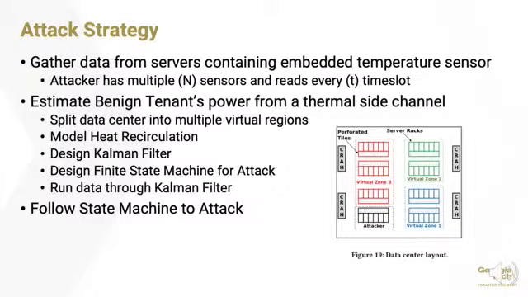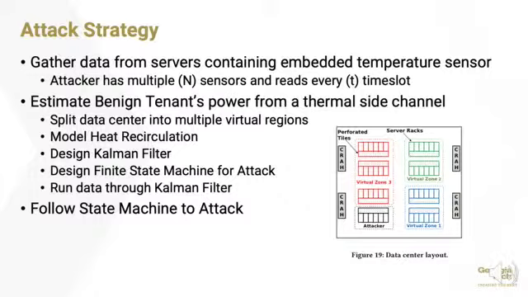The attack strategy has multiple steps. First, the attacker must embed temperature sensors, as discussed in the previous slide, within their servers that are going to be placed within the data center. Second, the attacker must log all of that data to be used within the Kalman filter. The attacker must be able to estimate the benign tenant's power from a thermal side channel.